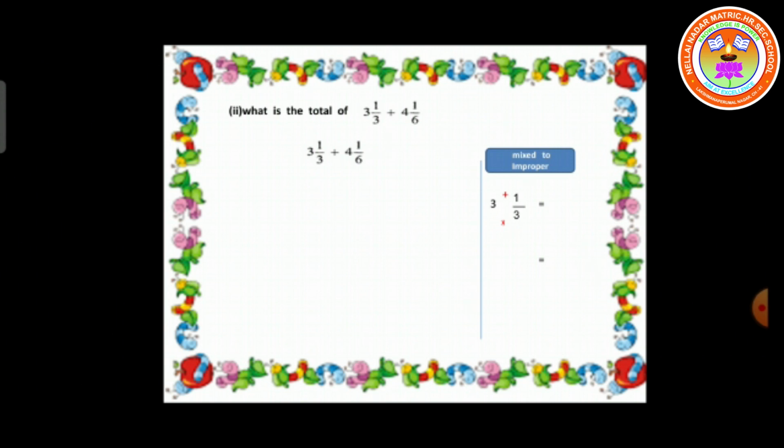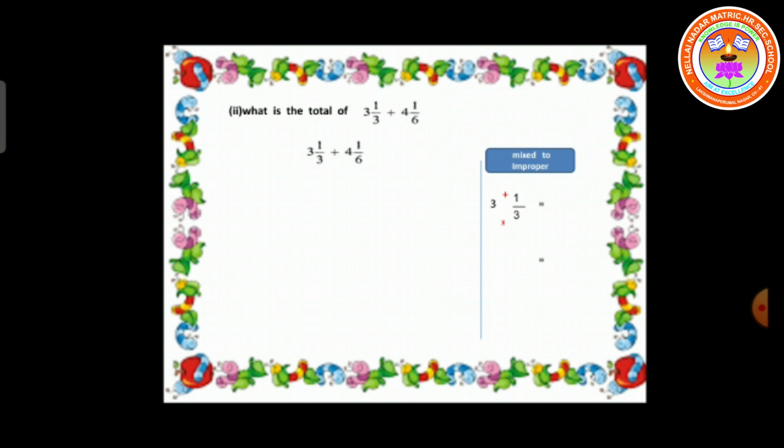Here I have shown you one small example. 3 1 by 3: the denominator is just multiplied with the whole number, and with the resulting answer you just add 1. 3 3s are 9. 9 plus 1, 10.